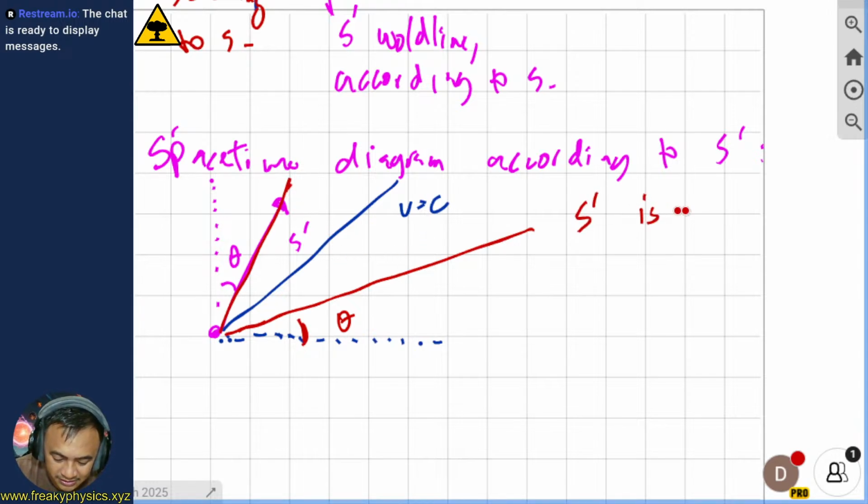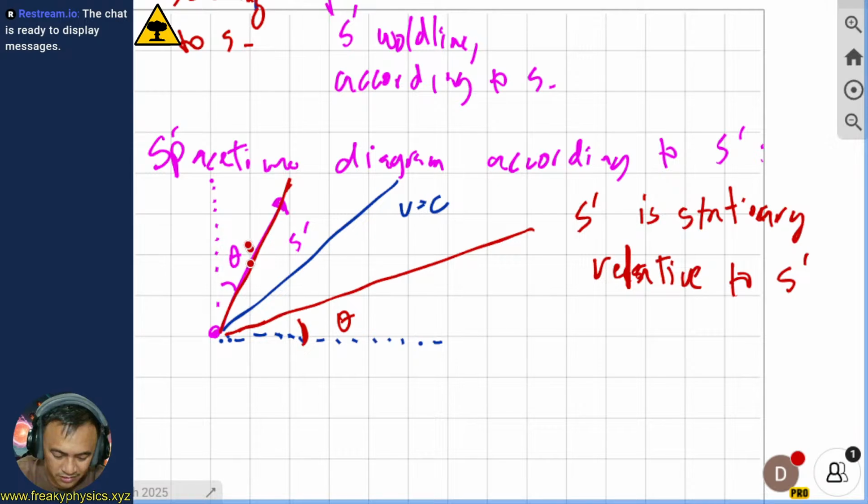S prime is stationary relative to S prime. So that's why we can draw this line right here.